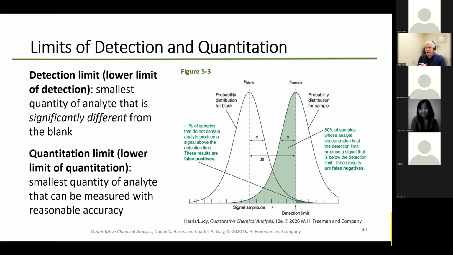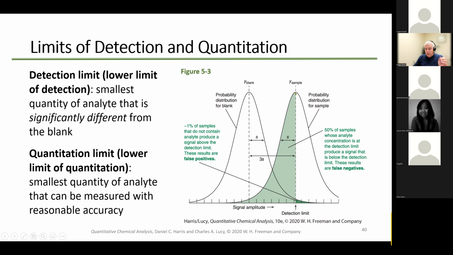So as chemists, we take this to heart and we say, well, I'm not going to even say we detected anything until the signal is above blank by 3 standard deviations, right? If what's going in is actually a blank, the likelihood of seeing this would be 1% or less.